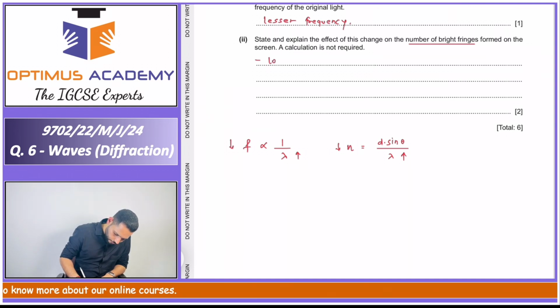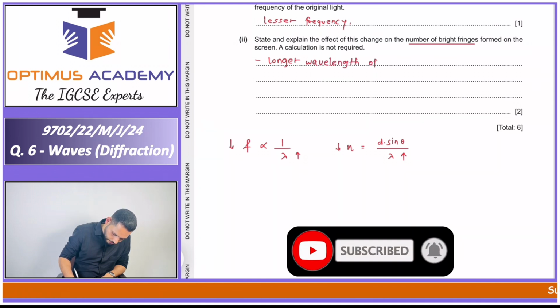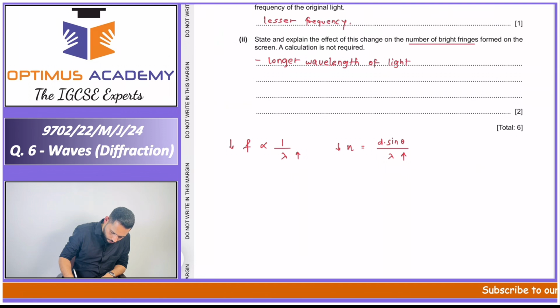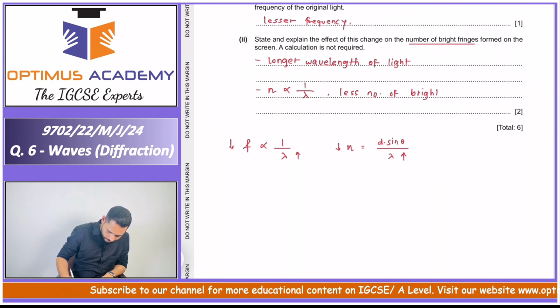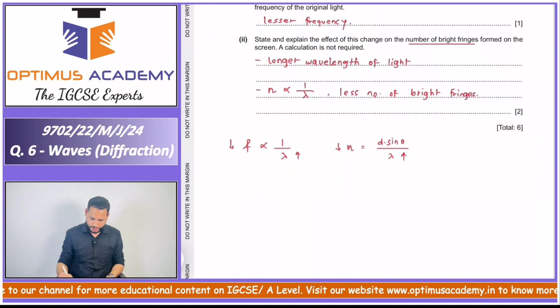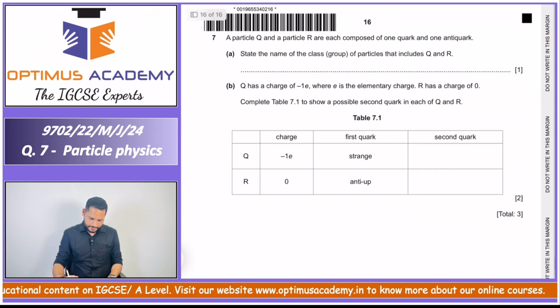So, longer wavelength of light, and since we know n is inversely proportional to lambda, there will be less number of bright fringes. We will go to the next question, question number 7.